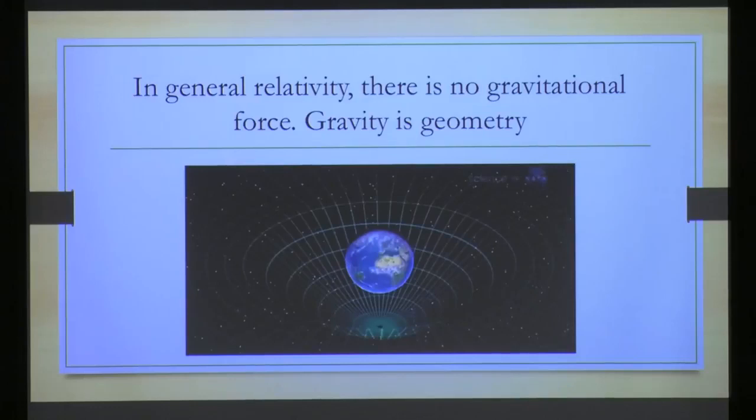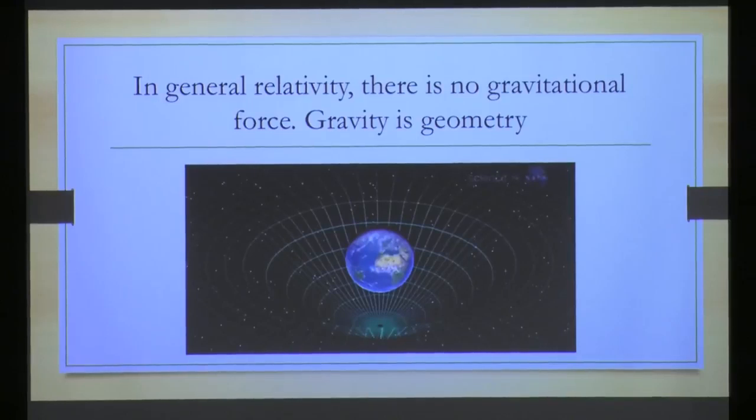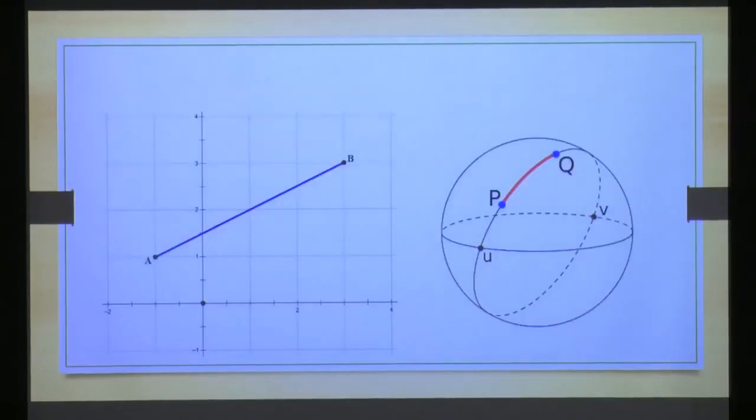So what Einstein discovered is that in general relativity, there is no attraction. Attraction is geometry. He said matter and energy deform space-time, and by deforming space-time, it will force things to take a certain trajectory. So the shortest path on a flat space-time is a straight line.